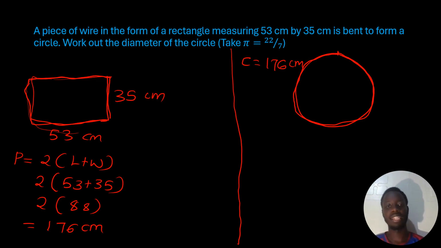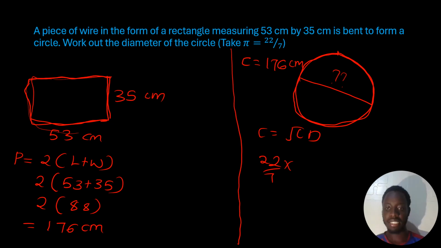Now I've been told to find the diameter of the circle. We know circumference is equal to pi d, our pi is 22/7, and our circumference is 176. So 22/7 times d is equal to 176.